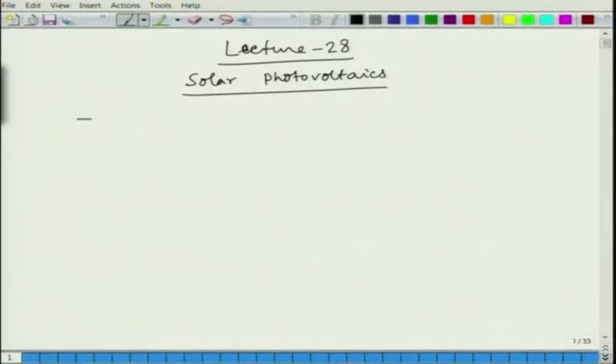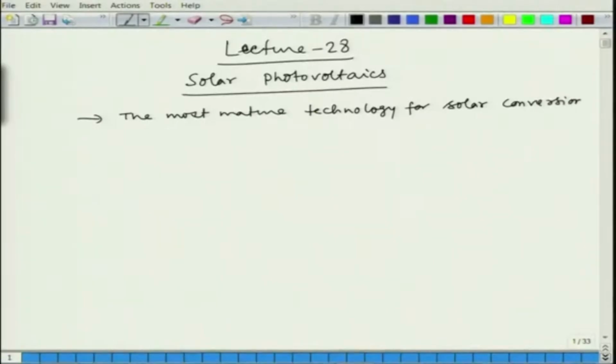Okay, so it is the most mature technology for solar conversion. The other thermal conversions are maturing.